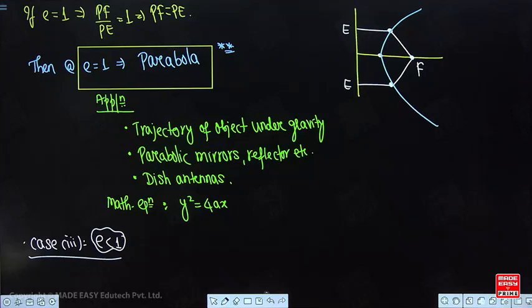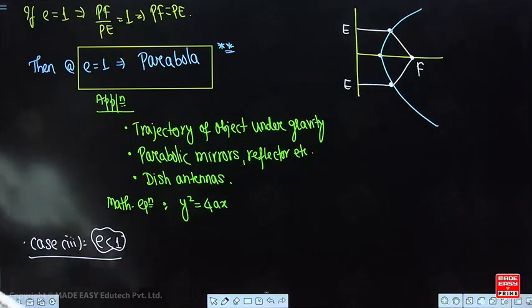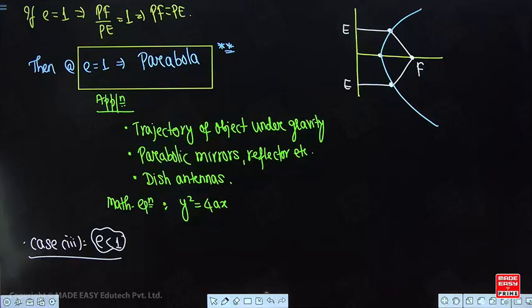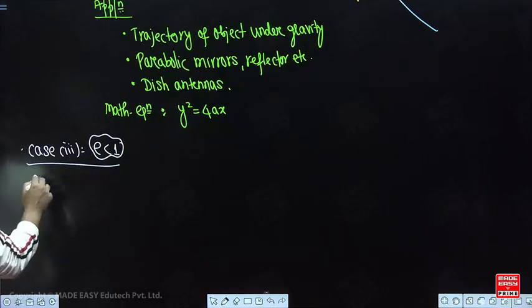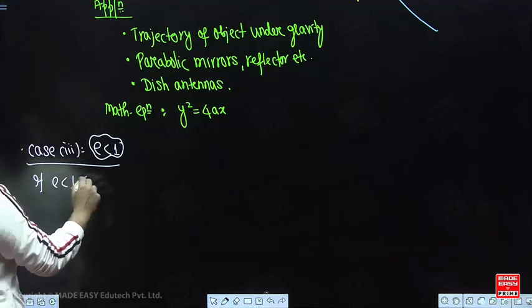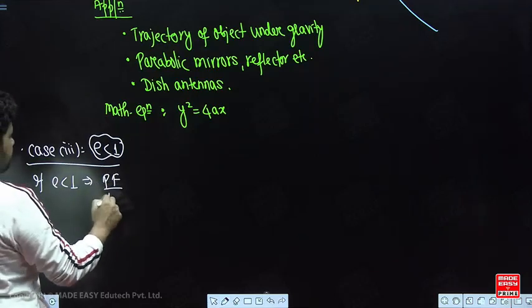Fine, clear? Now case 3, so if E is less than 1, PF will be less than PE.